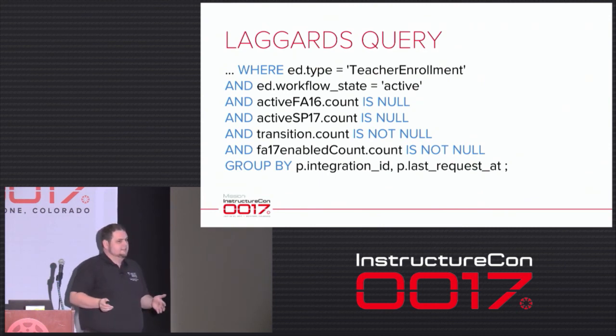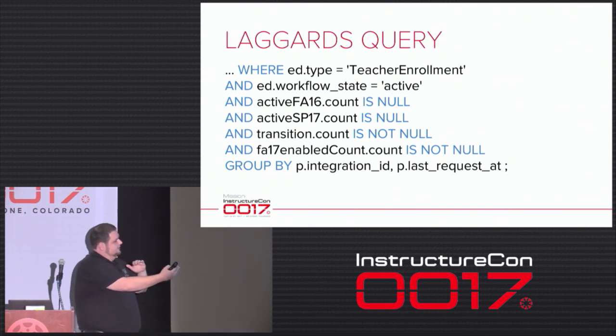That means they didn't use them, their courses were not active. And that their values are not null in both of the other subqueries. That means that they were a teacher in each of those periods. And that groups them by an ID.